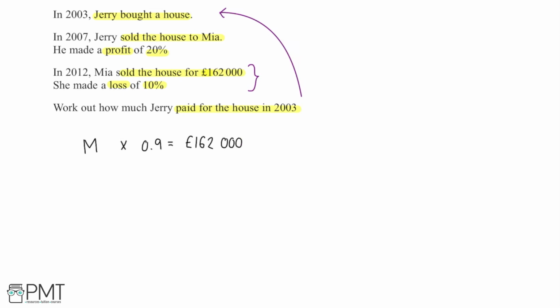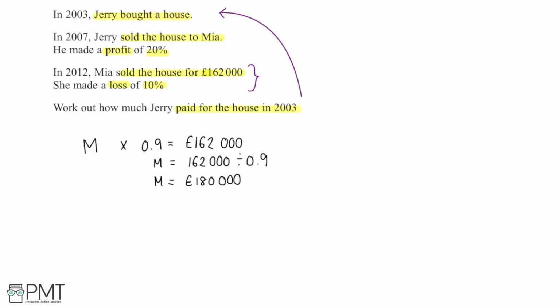So we can work out M from this information by doing 162,000 divided by 0.9. That's just rearranging what we have here and dividing both sides by 0.9. So M is going to be £180,000.